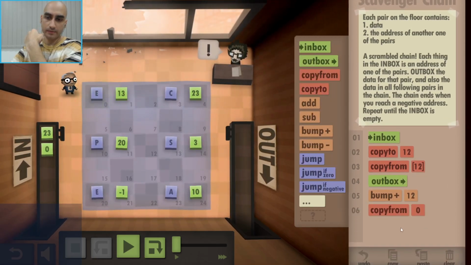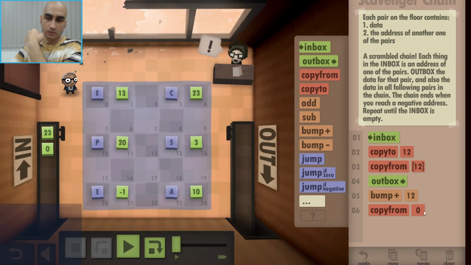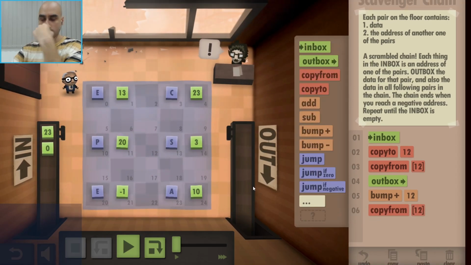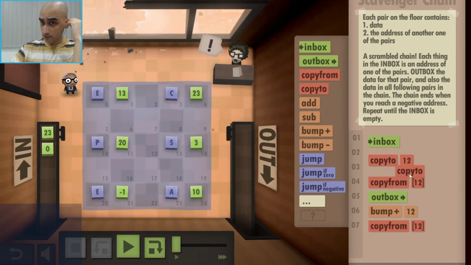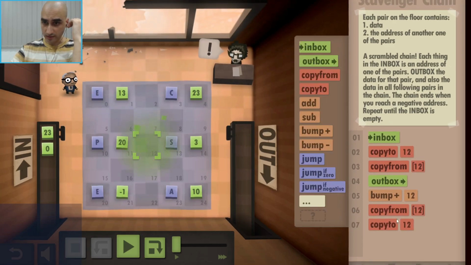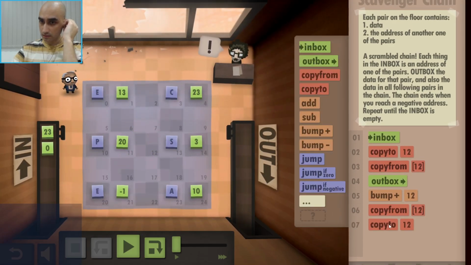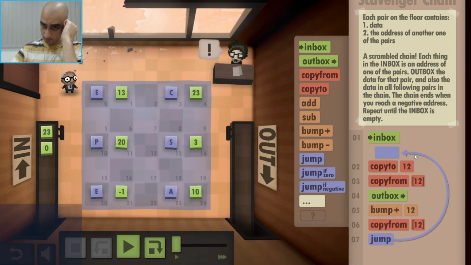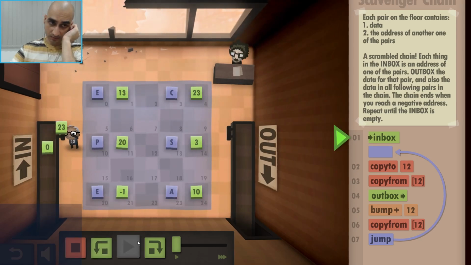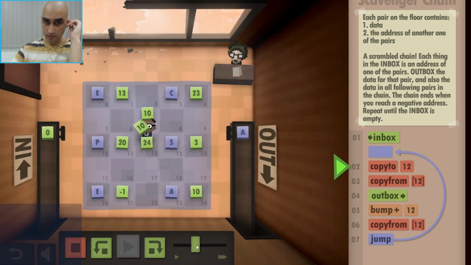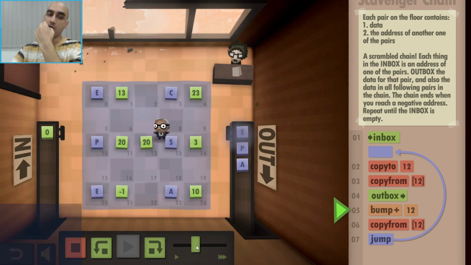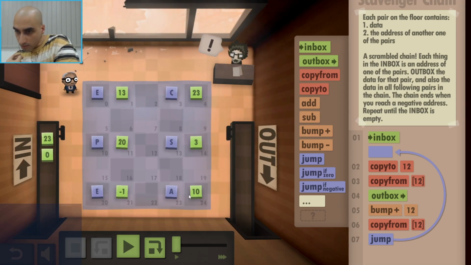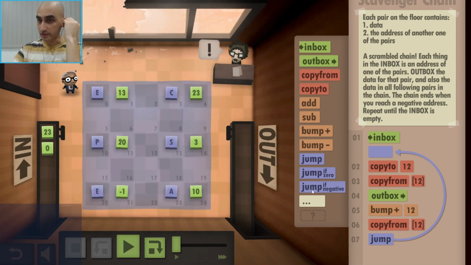We pick up whatever that's pointing to. Copy that to 12, and now we repeat. Right, so this won't stop yet, but let's just see it work. Okay, good. We've got an achievement for that, alright.